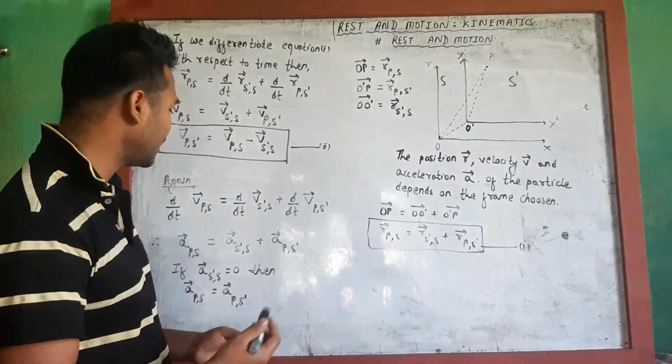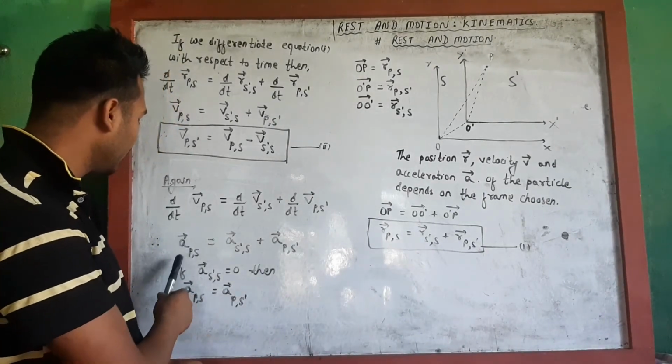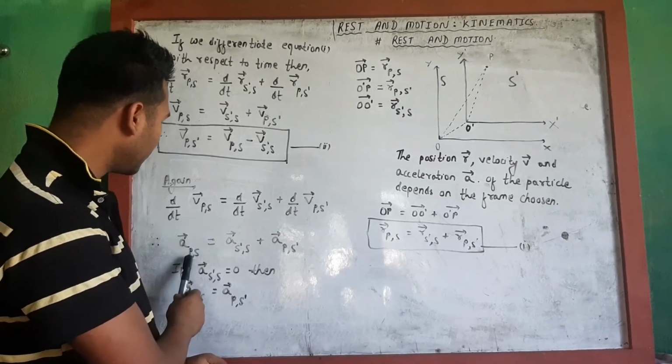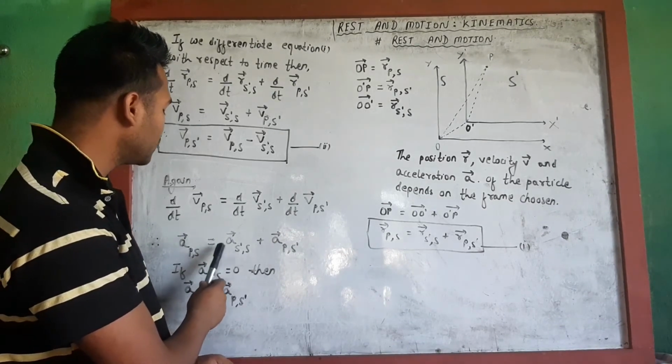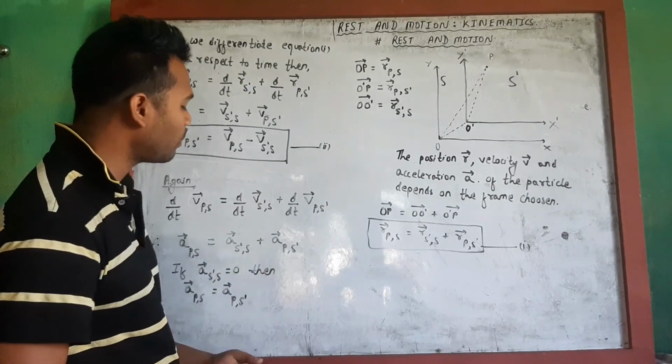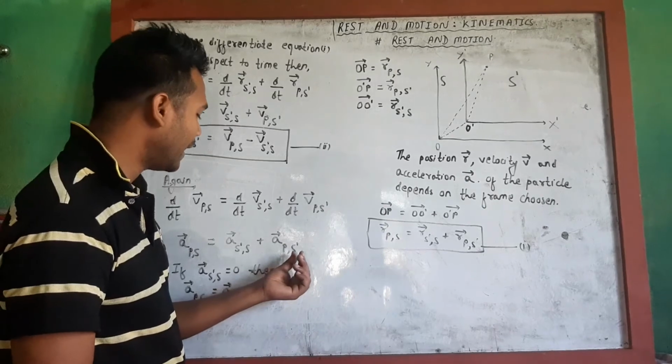Again, if we differentiate this equation with respect to time, then we know that the differentiation of velocity with respect to time gives the acceleration. That's why finally we will get acceleration of particle P with respect to S' is equal to acceleration of S'' with respect to S' plus acceleration of particle P with respect to S''.